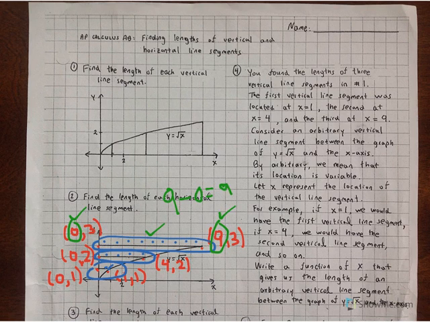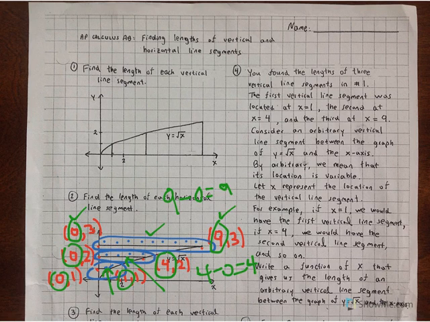And you can make the same observation for the other two horizontal line segments, like this one here. If you subtract the x coordinates of the right and the left endpoints, 4 minus 0 is equal to 4. And that's the length of that horizontal line segment. And this one here, 1 minus 0 will give you 1, the length of this horizontal line segment.